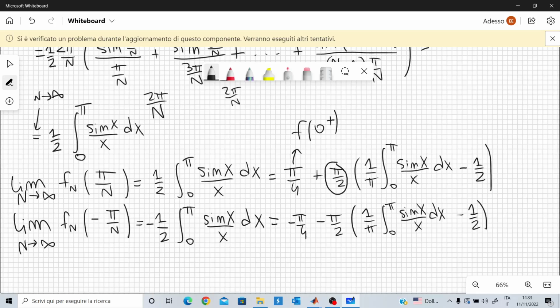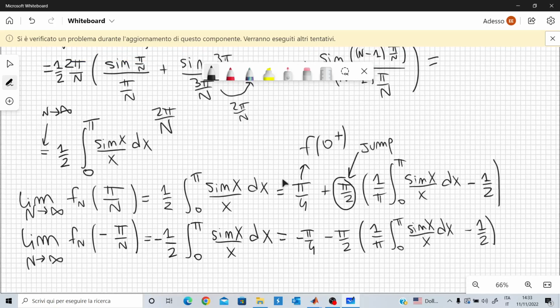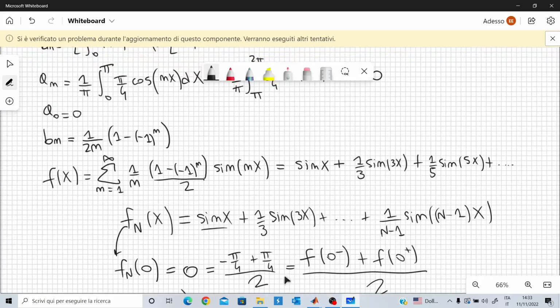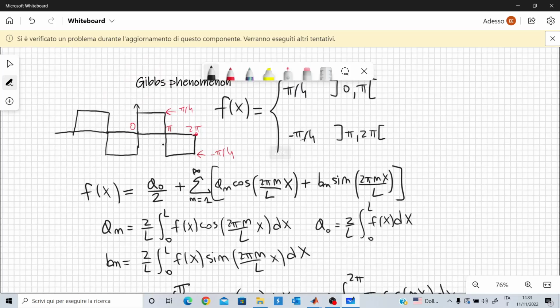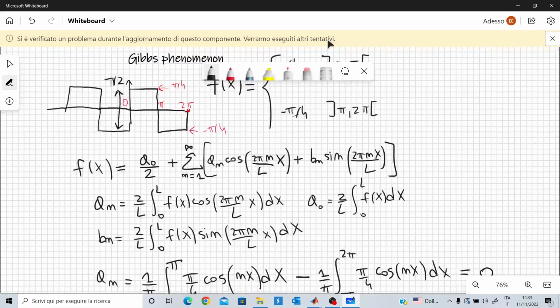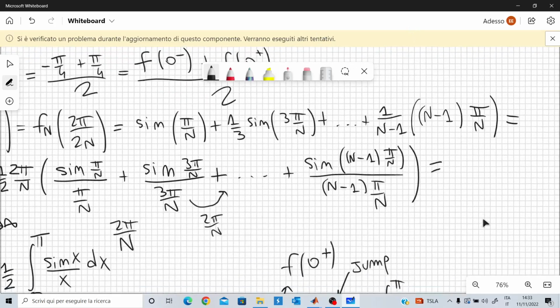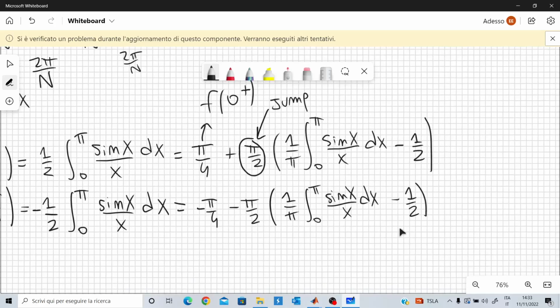So it is exactly our function on the right of x equal to 0. Whereas here, pi over 2, if you think about it, it is equal to the jump that we have, because we go from minus pi over 4 to pi over 4 here. So this jump here will be pi over 2. And then this jump is multiplied by a number, because this is just a number, and we have the same number here and here.